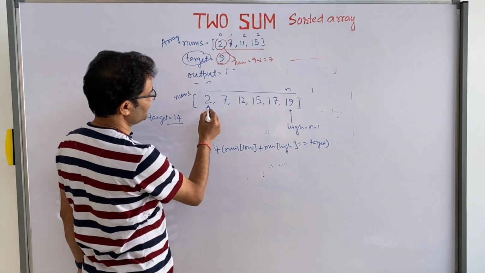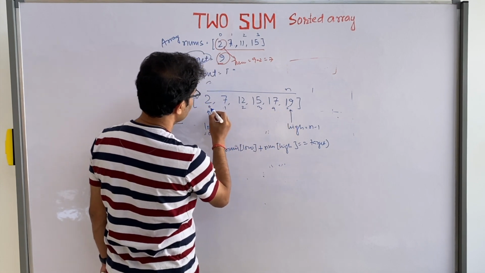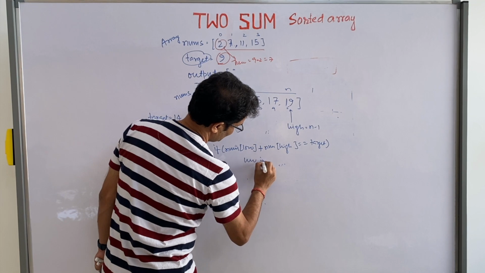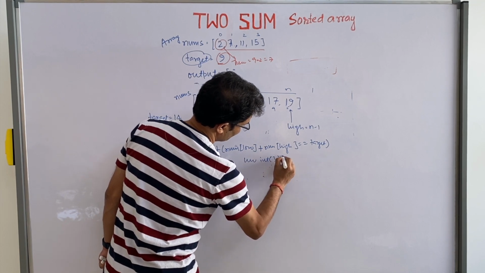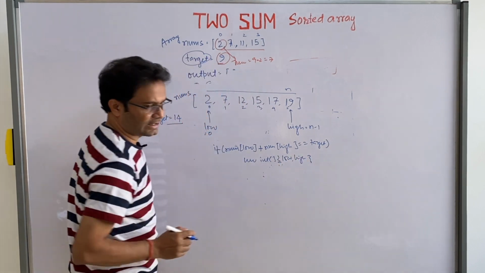You can return the indices. So simply you return new int array with low and high, because both hold the indices.